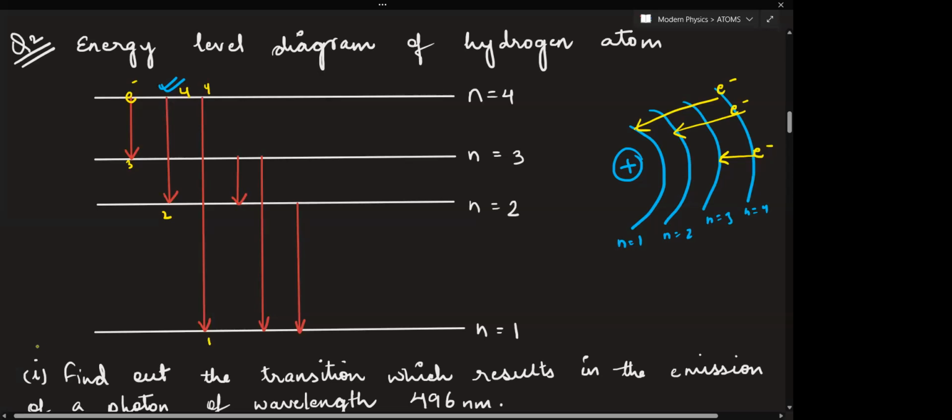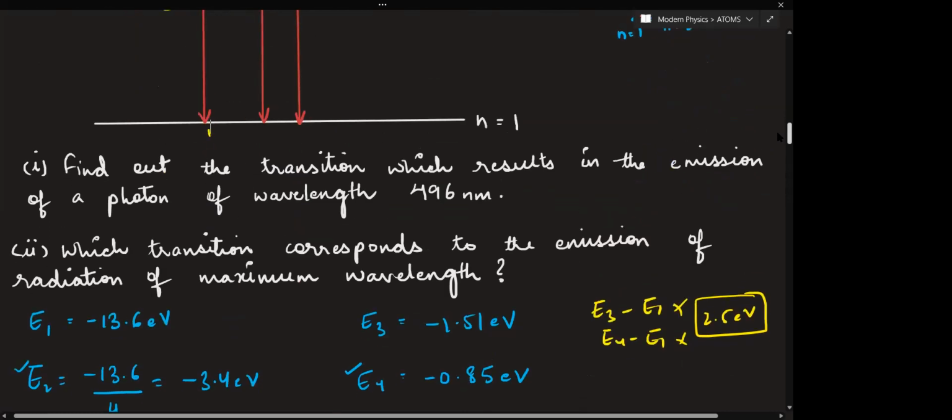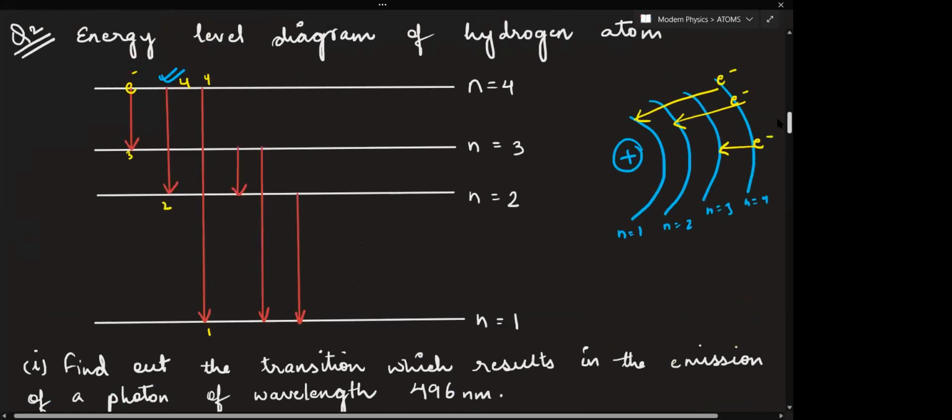Ma'am, what is the answer for the second part? Maximum wavelength. Okay, we had another part, sorry. It says which transition corresponds to the emission of radiation of maximum wavelength. We have to check it from this given diagram only. You can calculate it also, but without calculating all these, you can see that the transition from the fourth to the third is the minimum value.